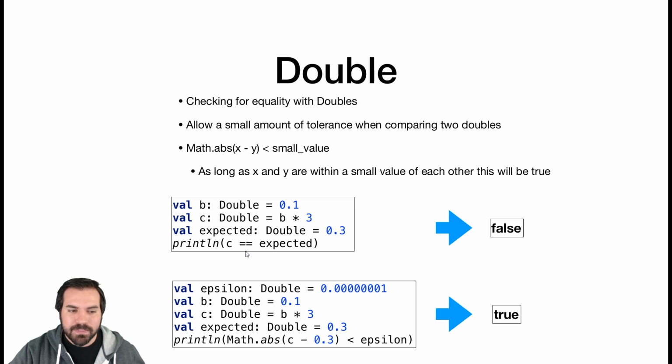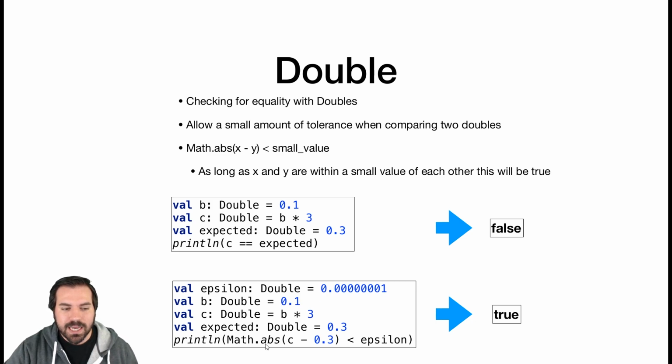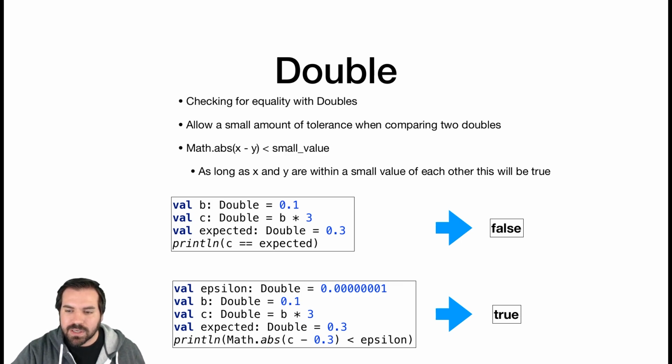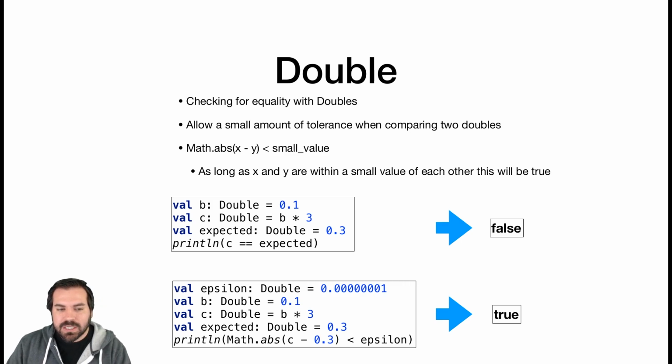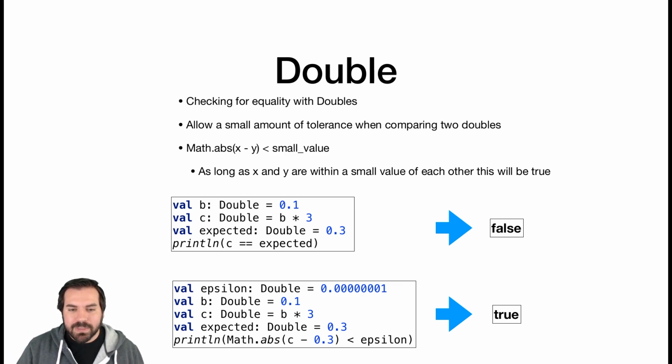These are not equivalent. So what we usually do is have some very small value, and when we compare two doubles, we say, is the difference between those two values less than some very small value, which we typically call epsilon, at least in math circles. Is the difference small enough to not affect our computation, but large enough to compensate for any truncation errors, which will be very small?